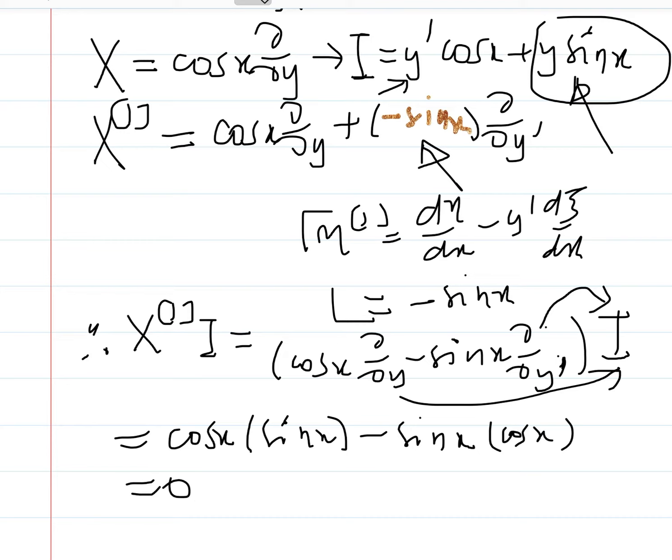Right? So let me just repeat that. What you get is X1, the prolongation of X at once, operating on I is equal to 0.